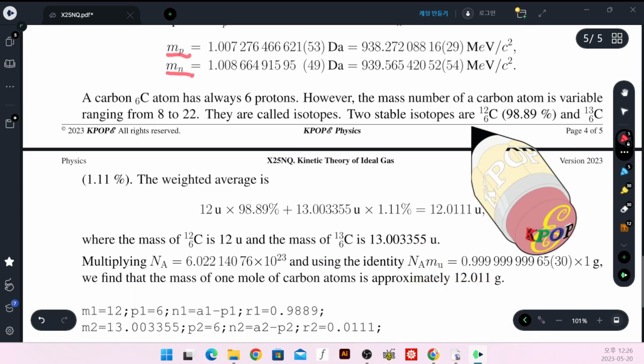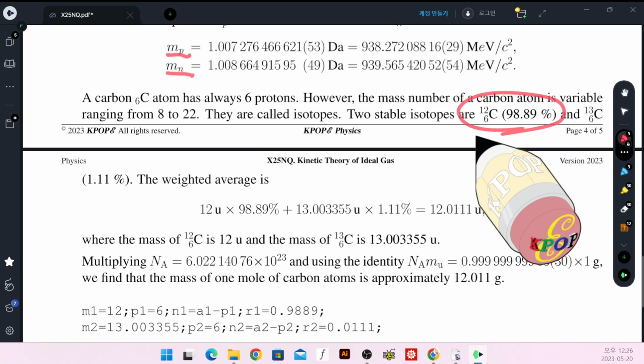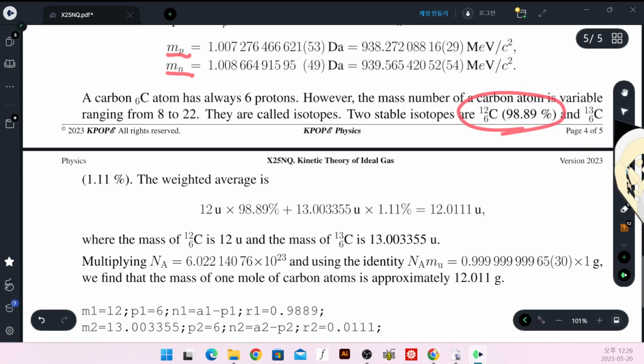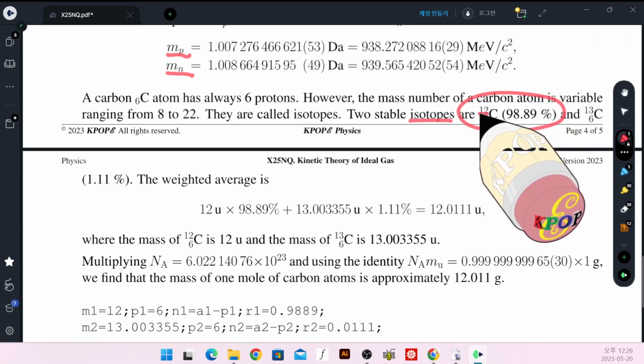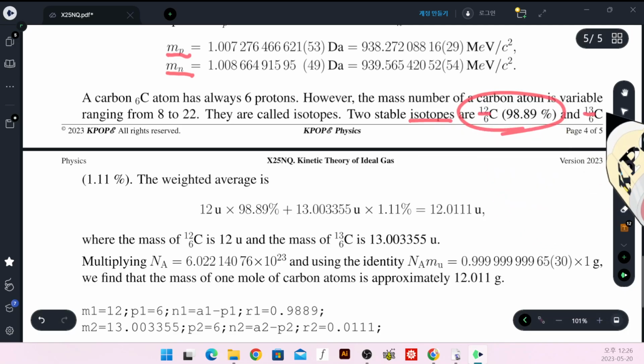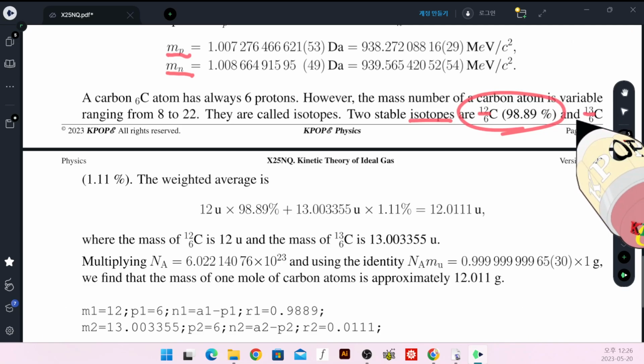For example, two stable isotopes exist for carbon: mass number 12 and mass number 13.